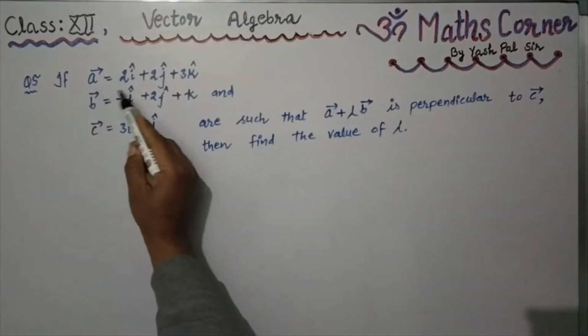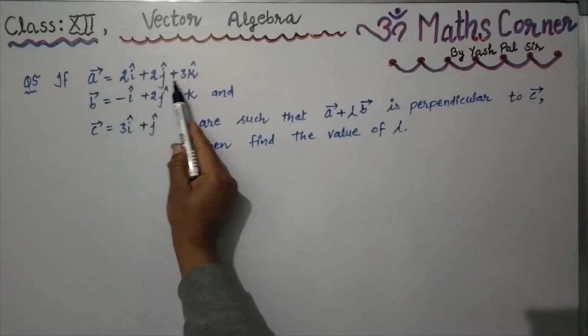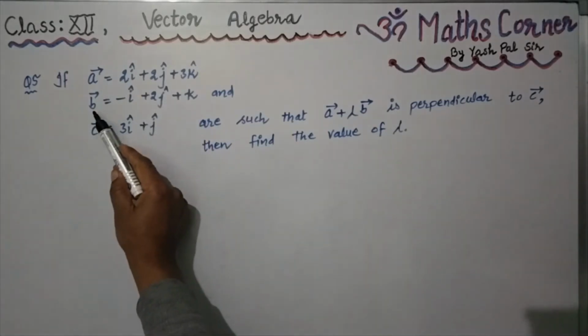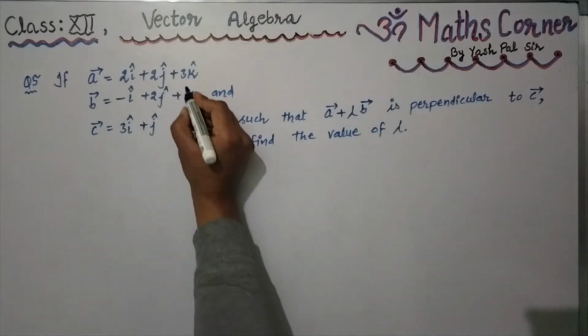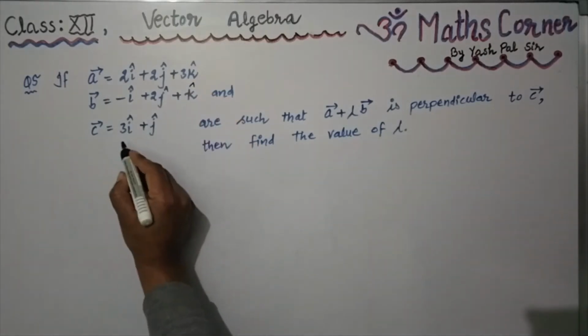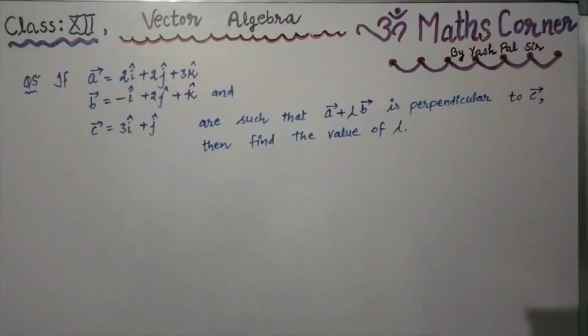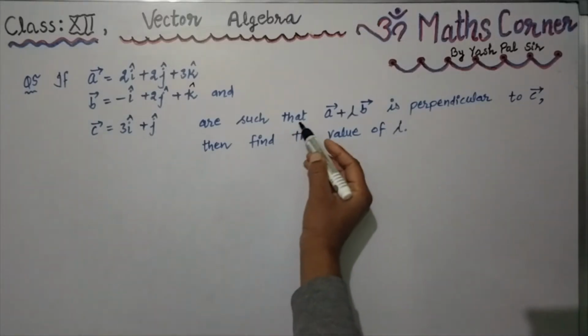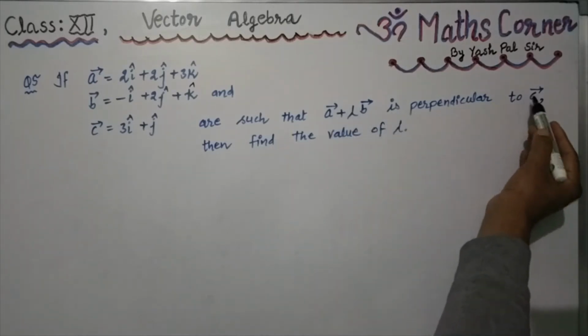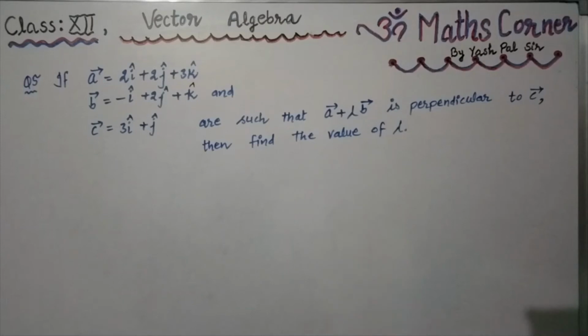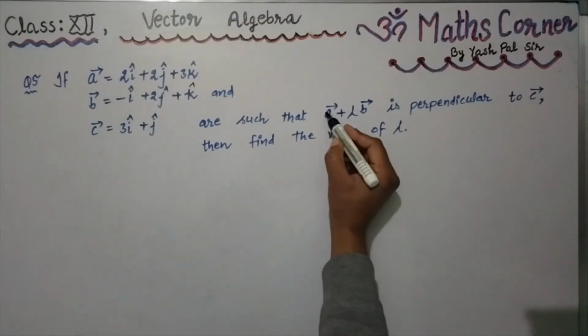Question number 5. If vector A is equal to 2i plus 2j plus 3k, vector B is equal to minus i plus 2j plus k, vector C is equal to 3i plus j, are such that vector A plus lambda vector B is perpendicular to vector C, then find the value of lambda.